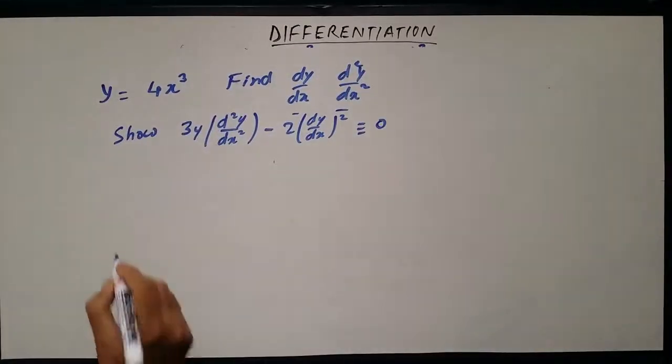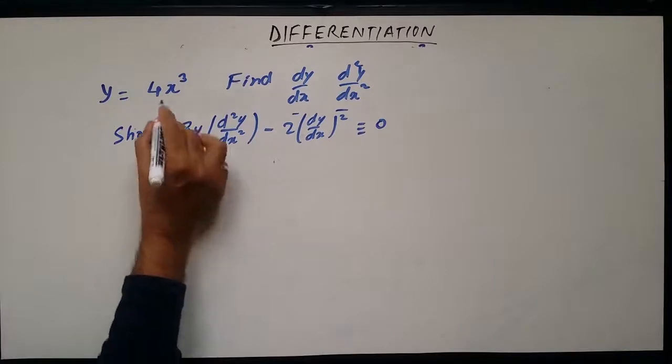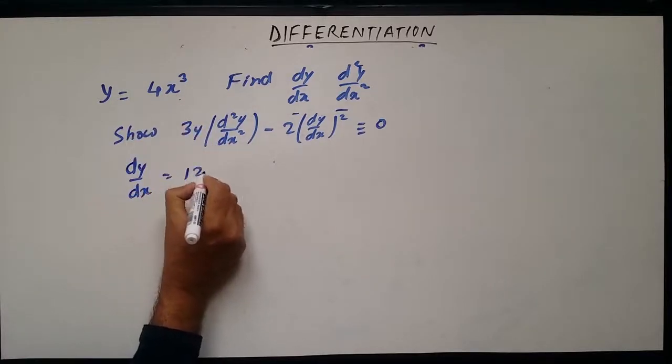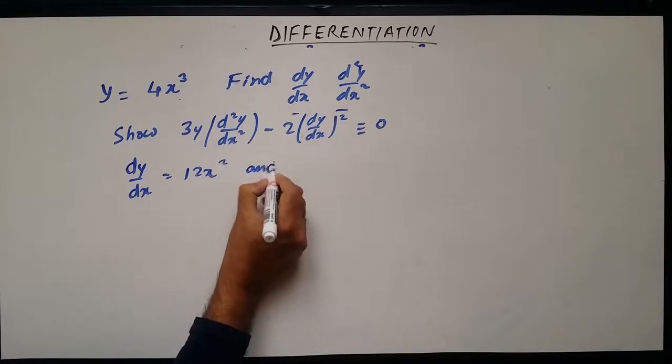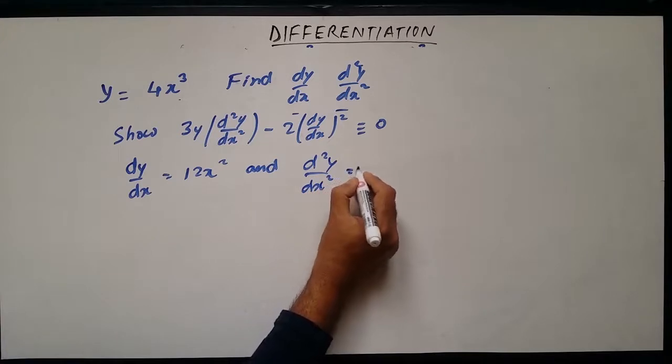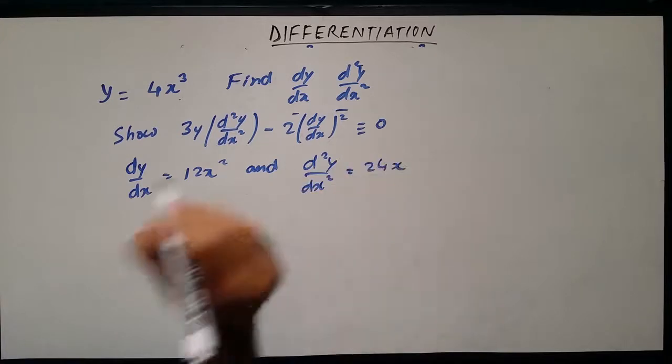So we have y equal to 4x cubed. We know that dy by dx is equal to 12x squared, and d2y by dx2 is equal to 24x.